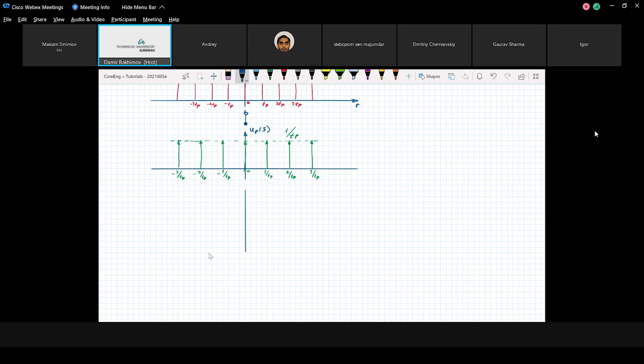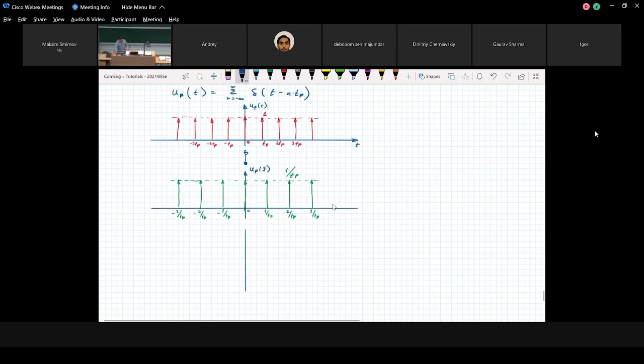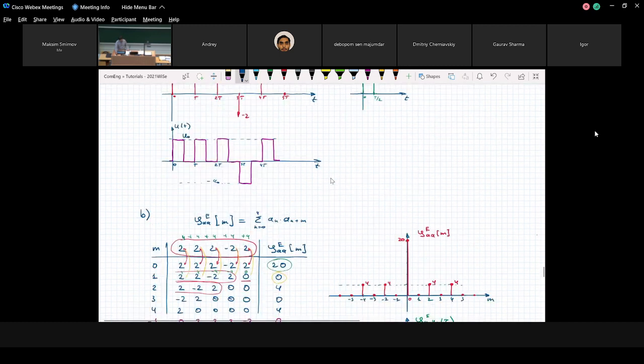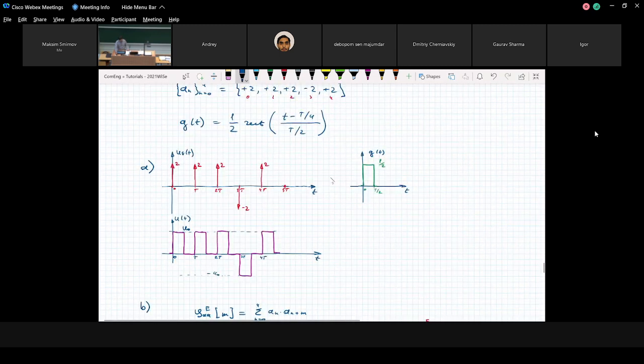Do you want to approximate by rectangular pulses? The problem is that you have an infinite sequence.